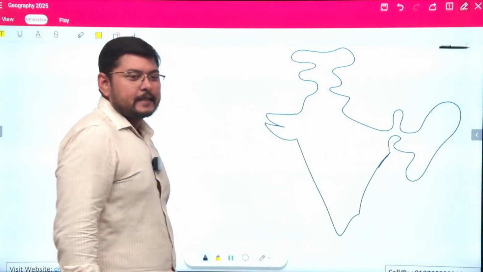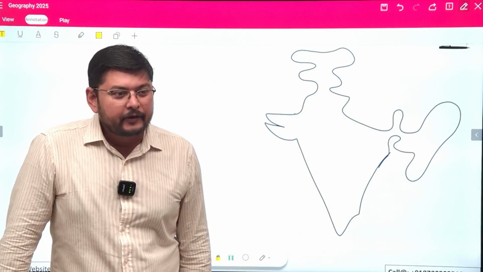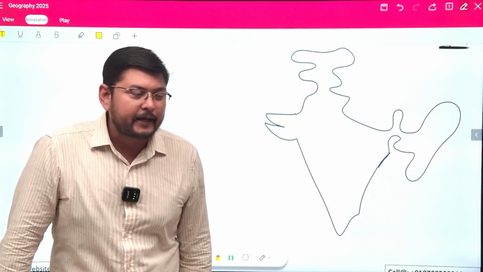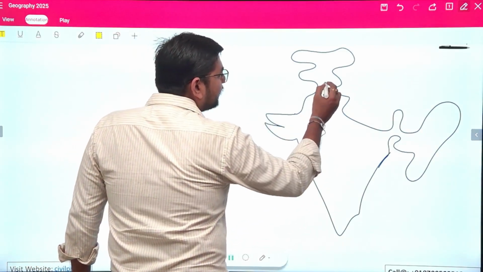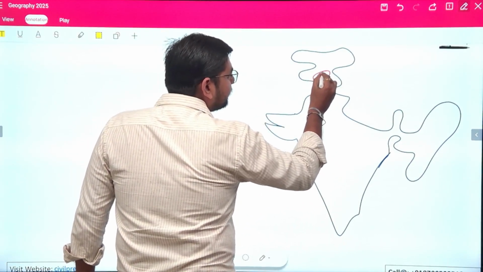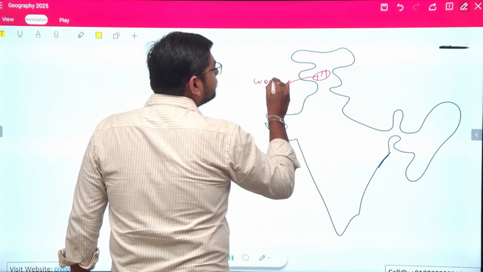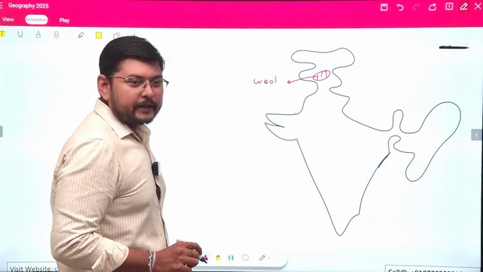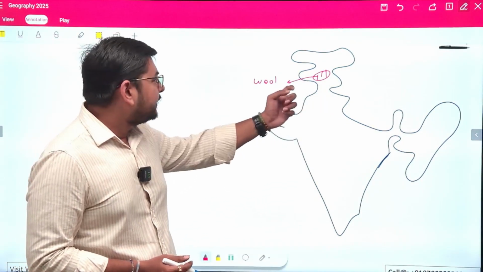Now I have to select here certain regions जहाँ पे मुझे I have to showcase the various kinds of non-farm primary activity. Various regions like the Himalayan region. Here I have development of wool. Okay, भेड़ होती है, बकरियां होती है. Okay, various varieties होती है. So we develop wool in this region.